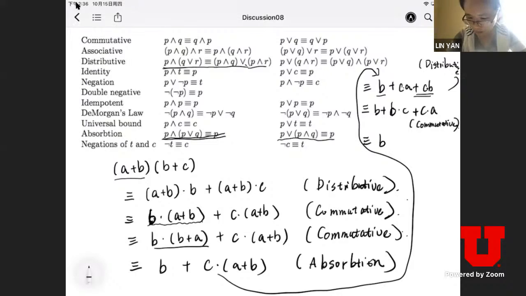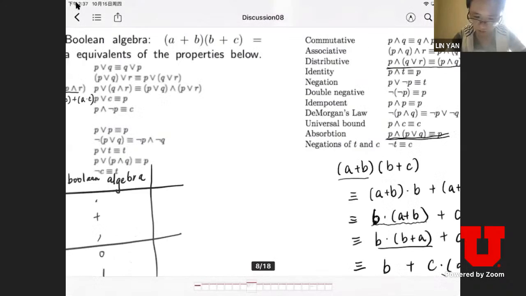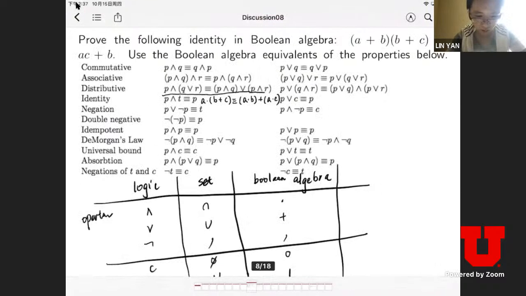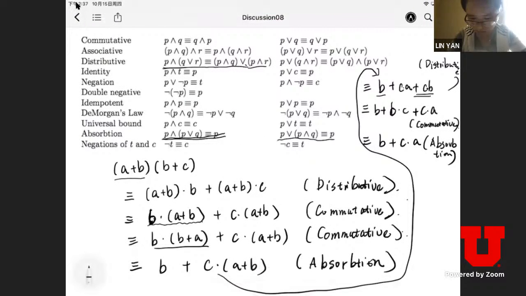So it is equal to B plus C, A. This is by the absorption. Okay, I think I'm done. We still need to use the commutative to make it the same format as the problem. So it is A, C, or B. Okay, we are done with this problem.